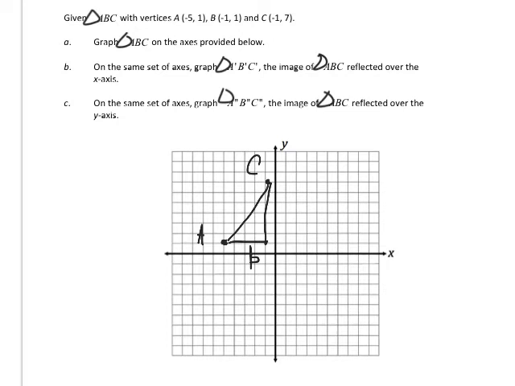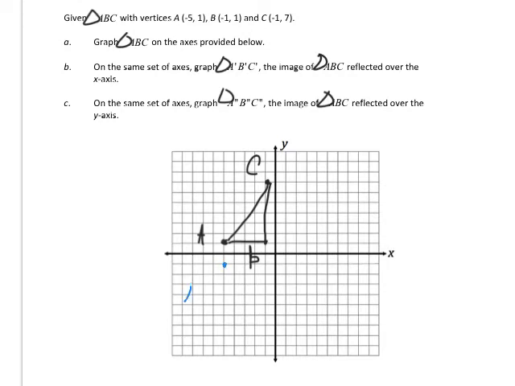There's my first triangle. So what I'm going to do next is graph the triangle A prime, B prime, C prime, which is the image of the original, reflected over the x-axis. So when I reflect over the x-axis, my first image is going to be down here, and my primed image is going to be a mirror reflection. I'm reflecting over the x-axis, which means I'm negating y.